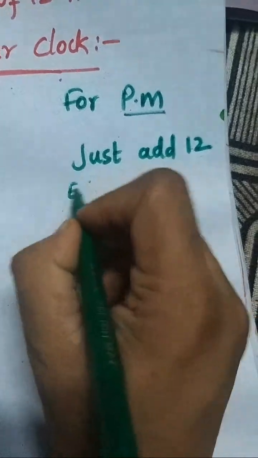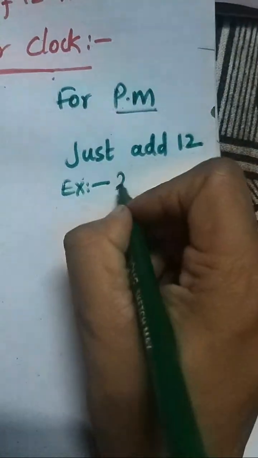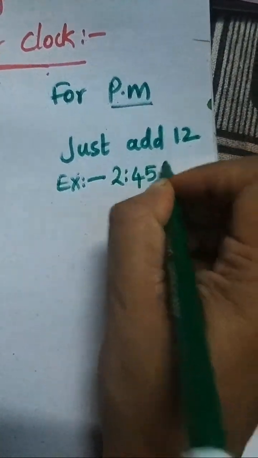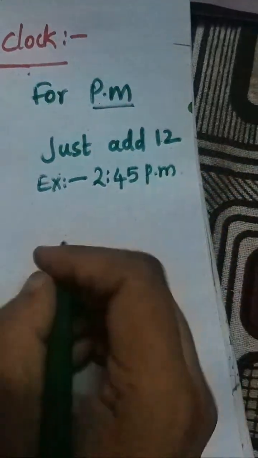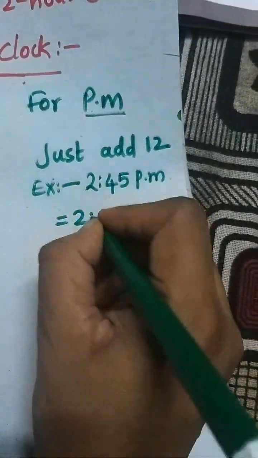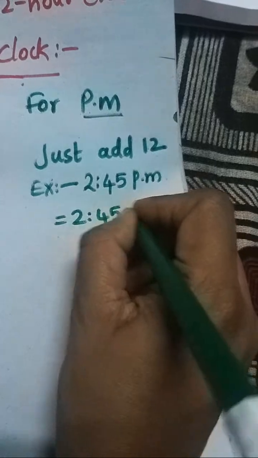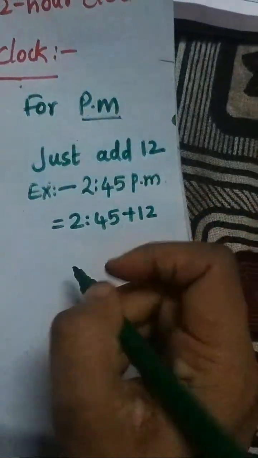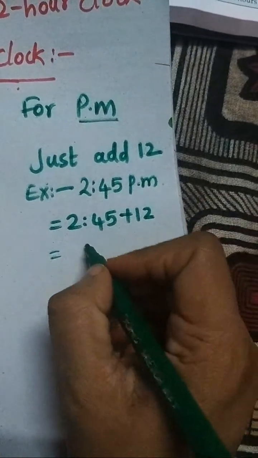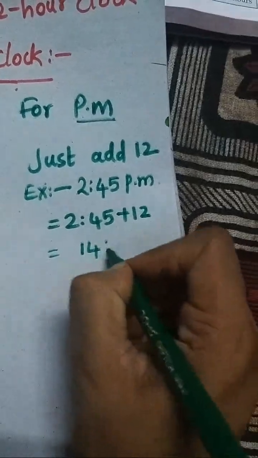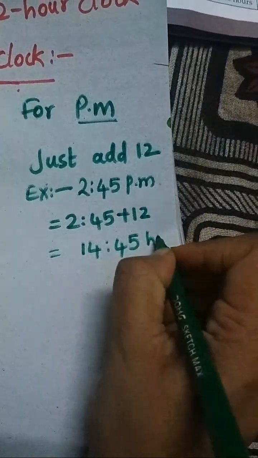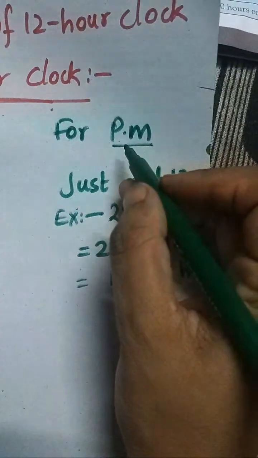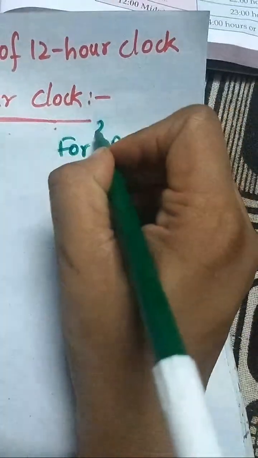For example, if 2:45 PM is given, then we add 12 hours to 2:45. That is 14:45 hours. We add 12 for the 24-hour clock.